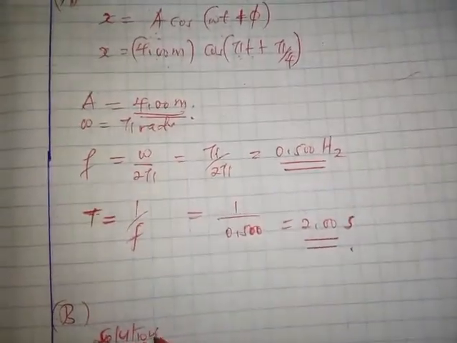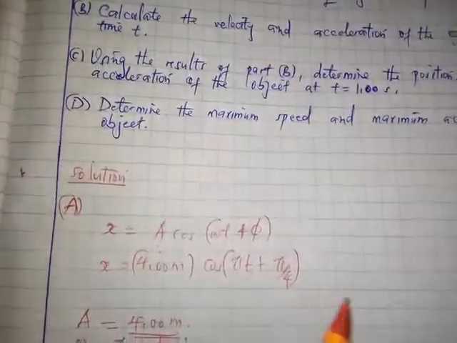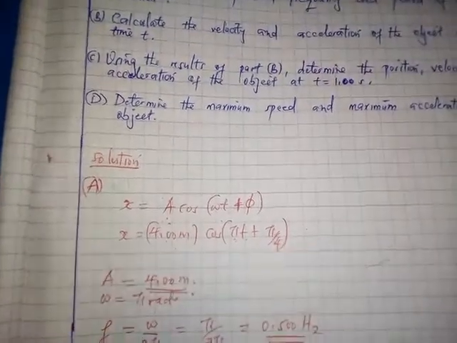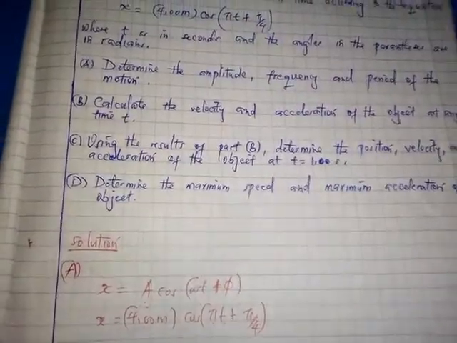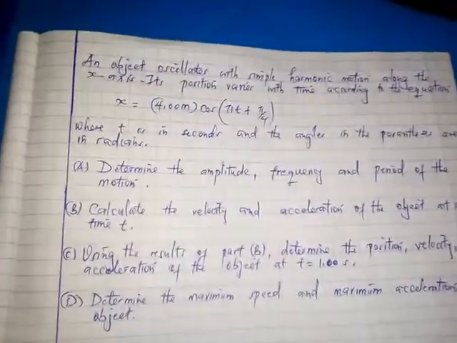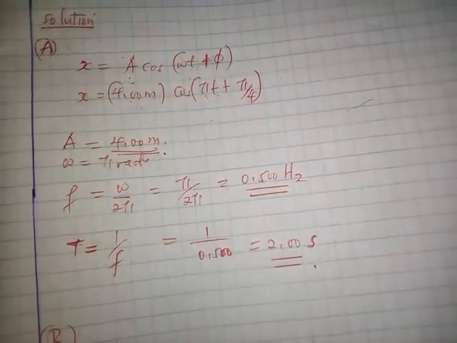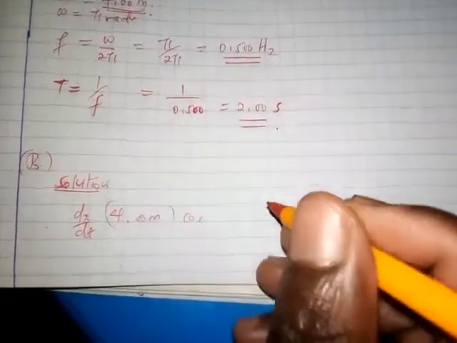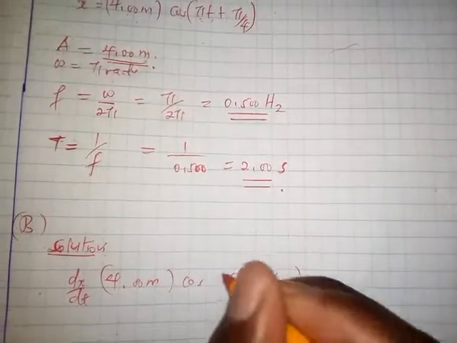To calculate the velocity and acceleration, we differentiate x, the displacement, with respect to time, dx/dt of 4.00 m cos(πt + π/4).